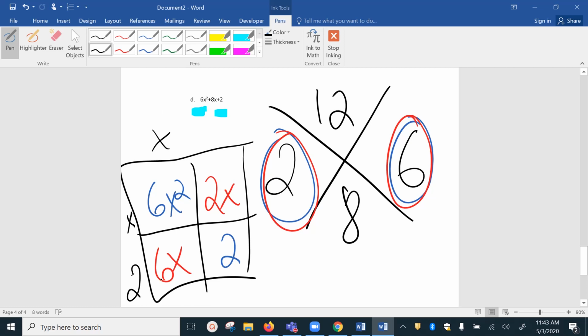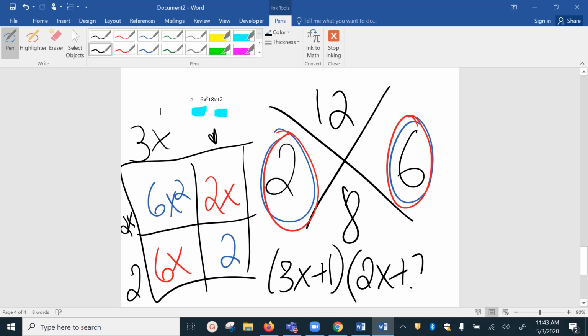And what times 2 will give me a 6? A 3. And that means that this has to be 2 over here. And 2 times what will give you 2x? 1. Now let's check it out. 2 times 1 is 2. All right, great. So my final answer is 3x plus 1 times 2x plus 2.